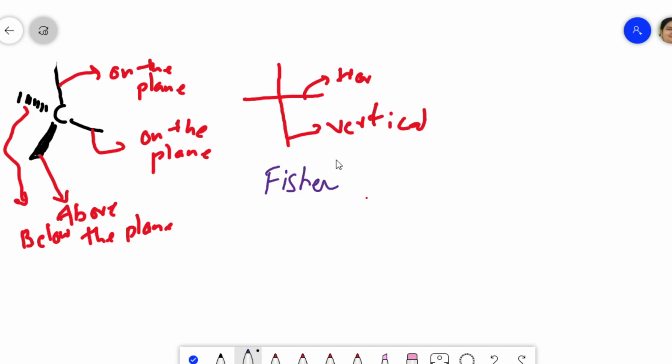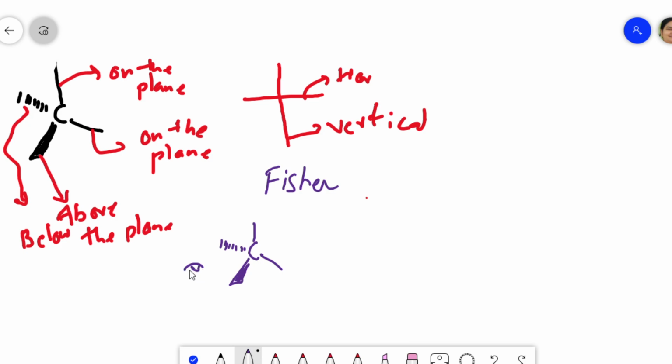How to convert a wedge into a Fischer projection? The same one, I will try to repeat that one. This is on the plane bonds, and this is a wedge projected towards you, above the plane, and this is below the plane. Now you are trying to observe from this place.